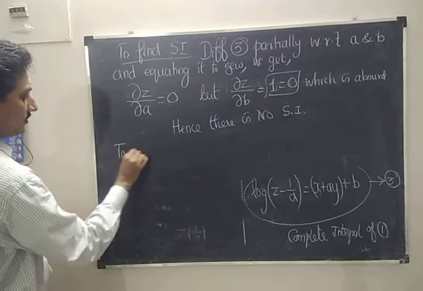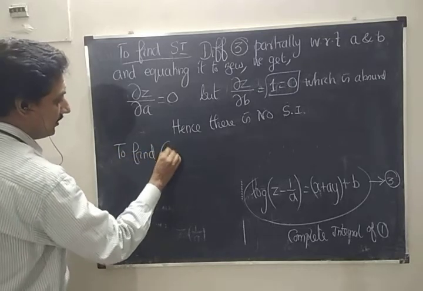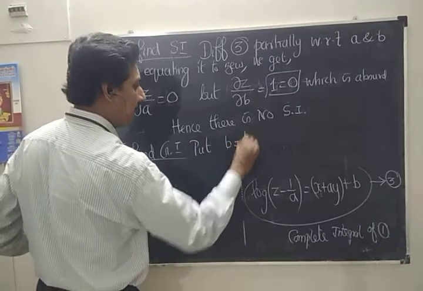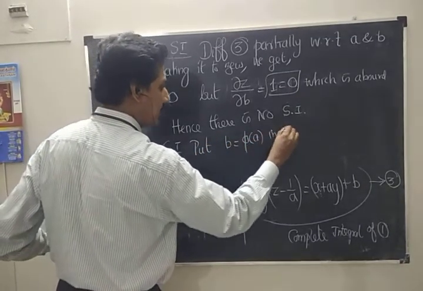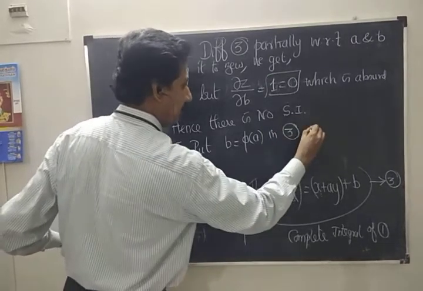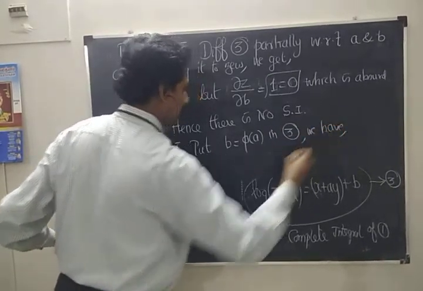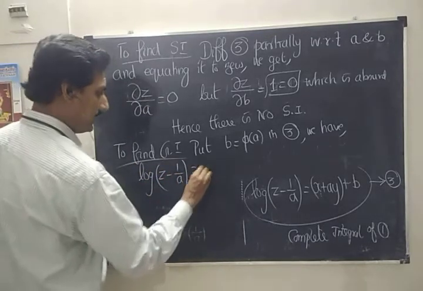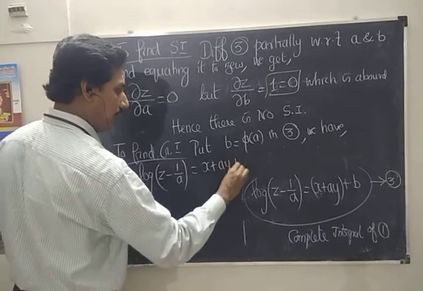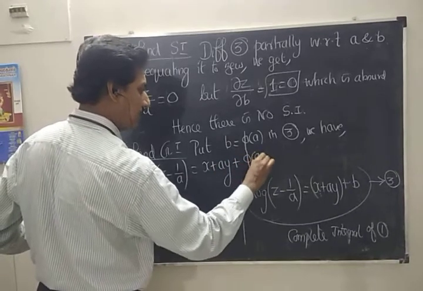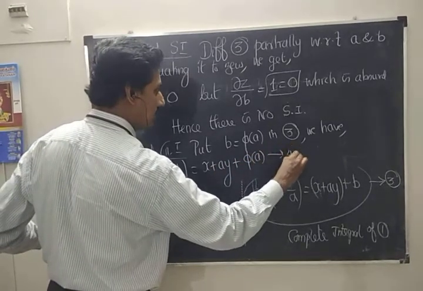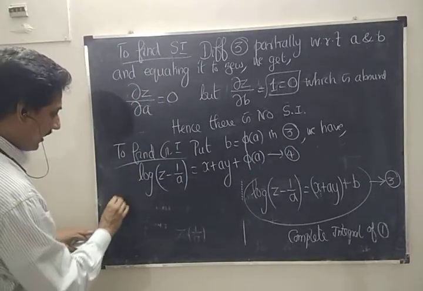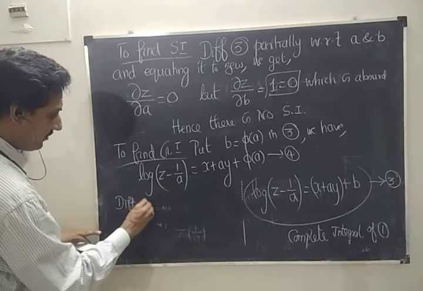Now, what about the general integral? To find the general integral, the GI, let us take b to be a function of a. In the complete integral number 3, we have log of z minus 1 by a is equal to x plus ay plus b. Now replace b by phi of a. So this is the equation number 4. It is only in terms of a. So once again, I would like to eliminate that constant from the equation number 4.